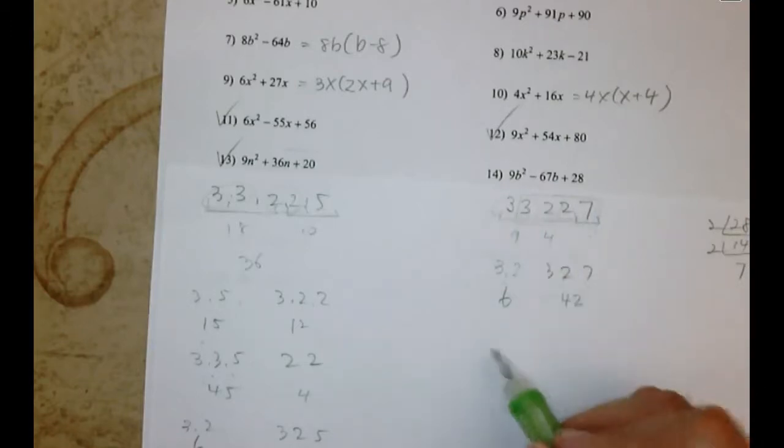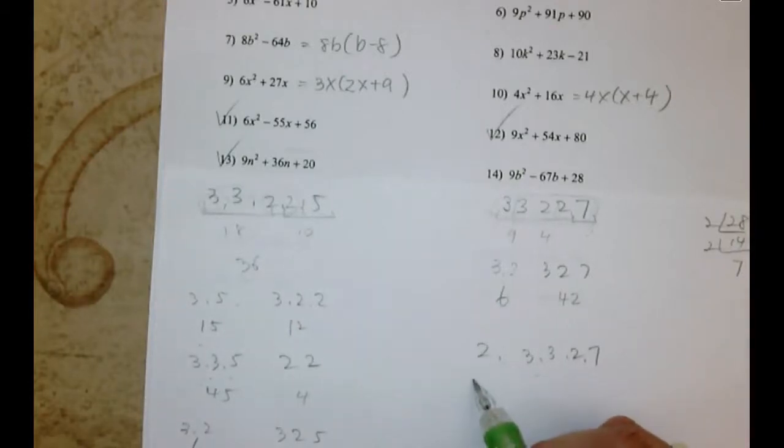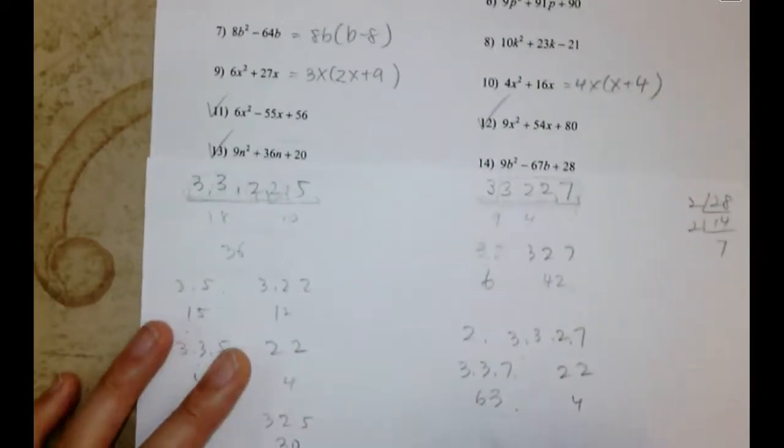So just leave 2, and then we do 3, 3, 2, and 7. That's 9. No, that's too big. How about 3, 3, 7, and 2 and 2. So that's a 4. And that's 9 and 7 is 63. And you got the 67. All right. So these are two numbers.